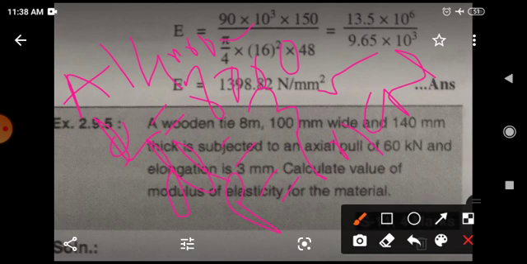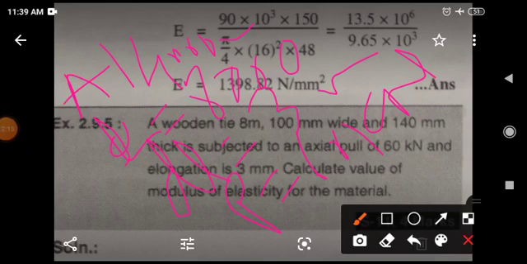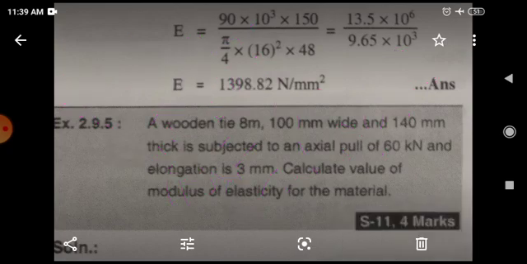That means you have to convert kilonewton into Newton, that means 60 into 10 raised to 3 Newton. Then millimeter: the wooden tie is given as 8 meter, so you have to convert it into millimeter, because all the other dimensions are in millimeter. And finally, give the proper unit. Without unit, your answer cannot be completed. So try to solve this problem.